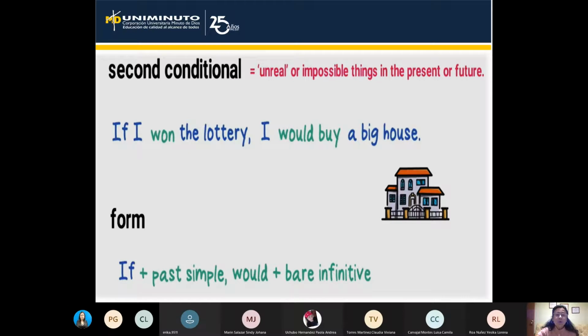And those are the three conditional sentences, conditional 0, 1, and 2. Esas son las tres condicionales que hasta el momento usted ha venido trabajando en las clases, ¿no?